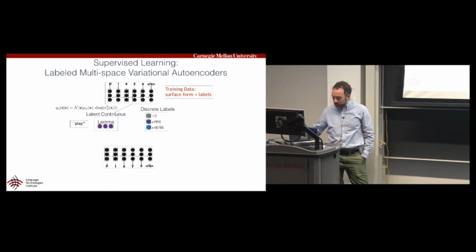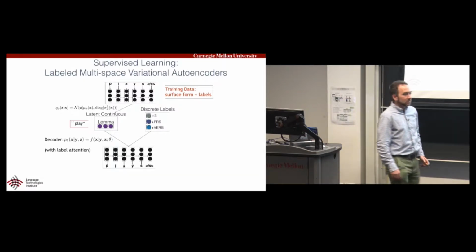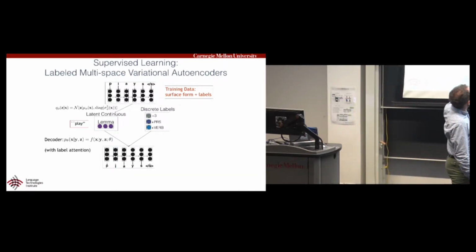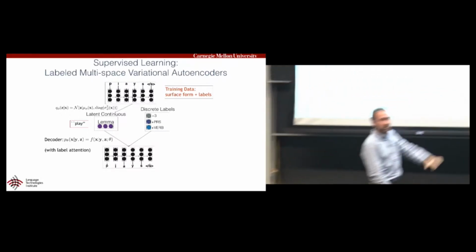So we predict the latent continuous variables, and then we have a decoder that takes in the latent continuous variable and the discrete label, and generates the output here. This is completely the same as a normal variational autoencoder. We are learning the latent continuous space, and we're learning the parameters of the decoder, with the only difference that we're also conditioning on these discrete labels here.